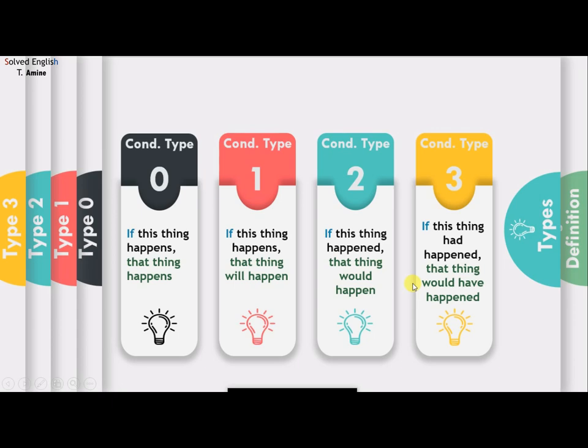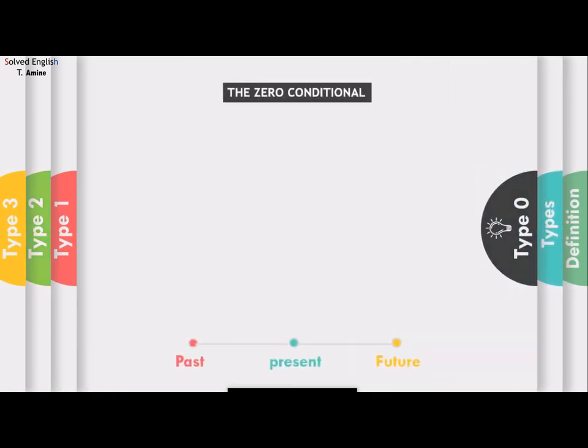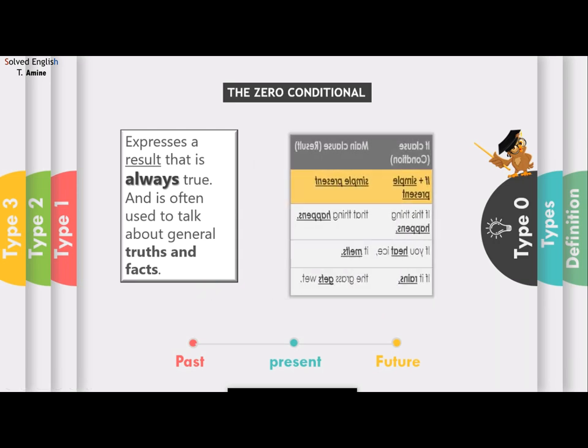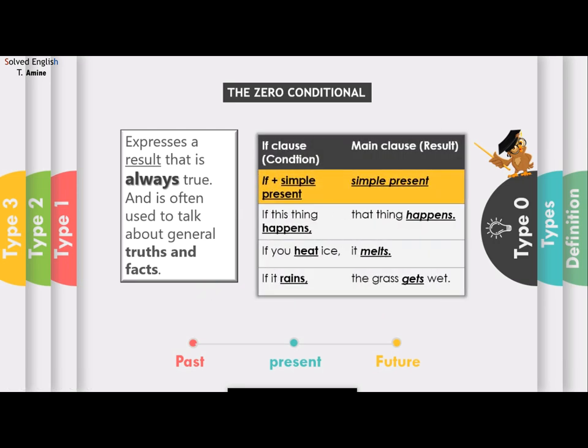Let's get started with conditional type 0 or the zero conditional. Now, this type of conditional is used to express a result that is always true. It is often used to talk about general truths and facts. This table here shows the two parts of conditional.